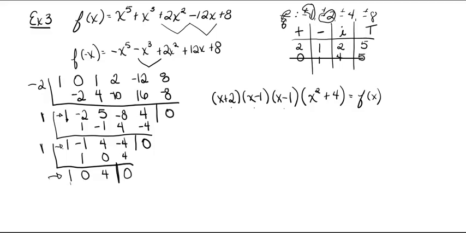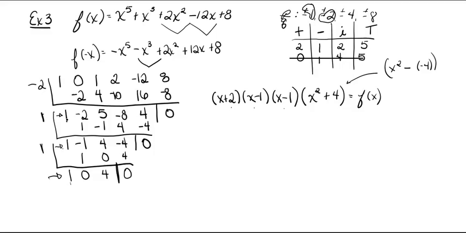This works the same way that I did example 2 when we had our x squared plus 4. It's not factorable in the real number system, but I can use the quadratic formula, or I can write this as a difference of 2 squares. Again, I'm going to do it over here. This is the same thing as saying x squared minus negative 4.